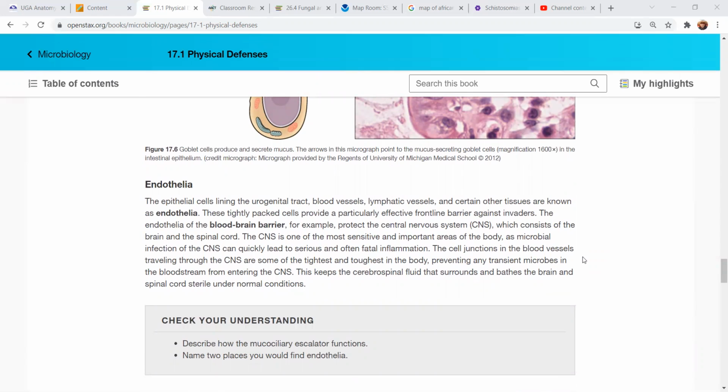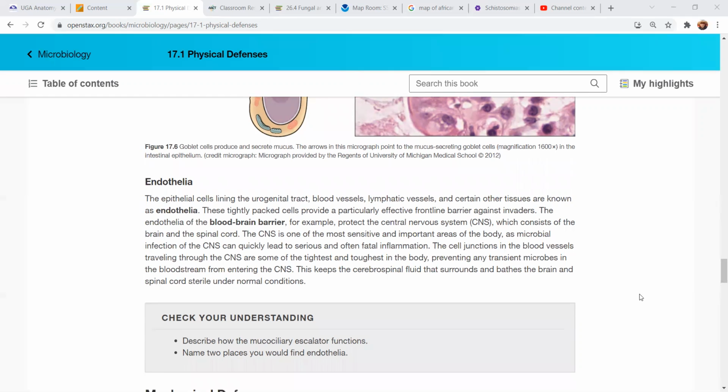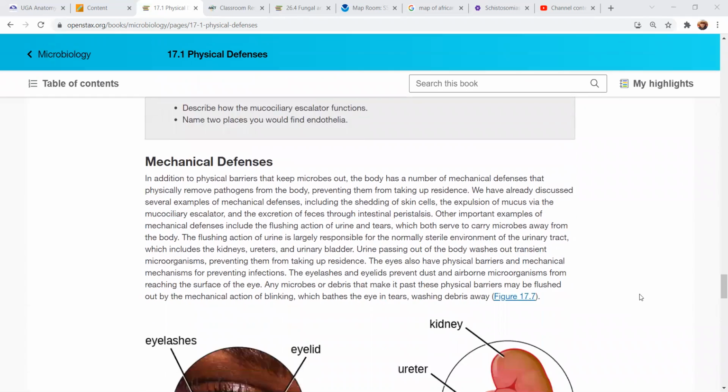If we look at the urogenital tract, there are epithelial cells called endothelia that line these. We also see this in the blood-brain barrier that we talked about in chapter 26. So these help to keep pathogens out as well.